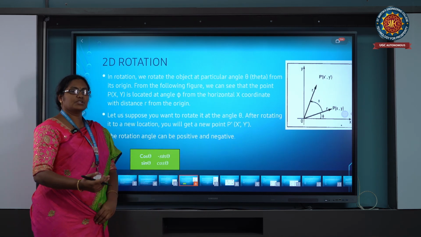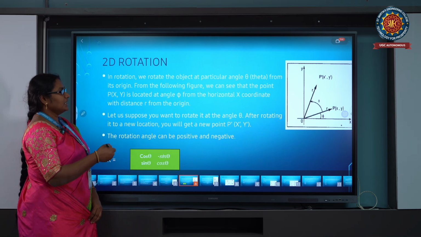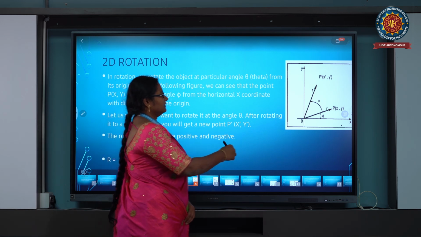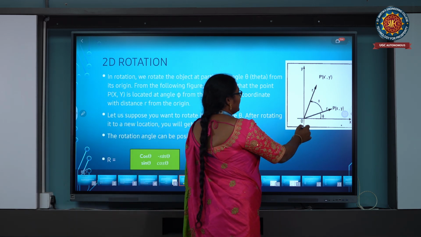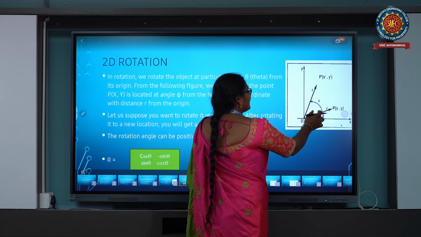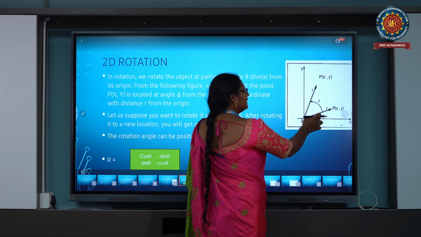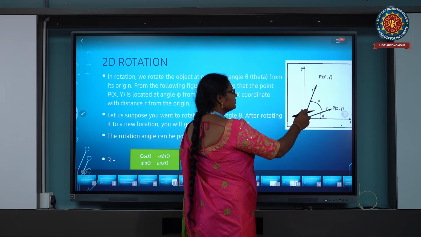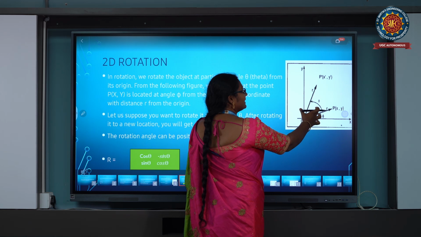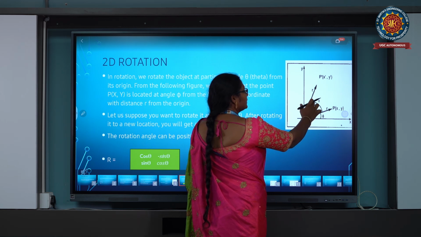Next, rotation. What is rotation? We are moving the image in a circular path. Observe in this XY plane, the angles are denoted as theta and phi. Phi is the original angle, and after rotation, theta is the rotated angle.